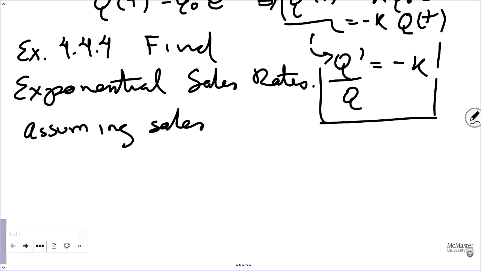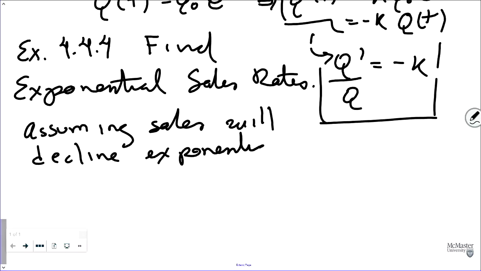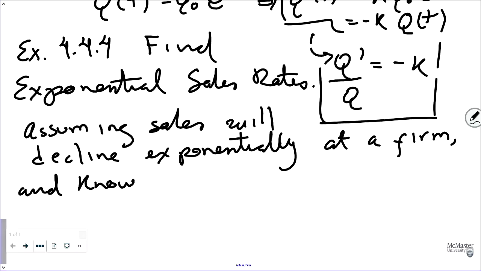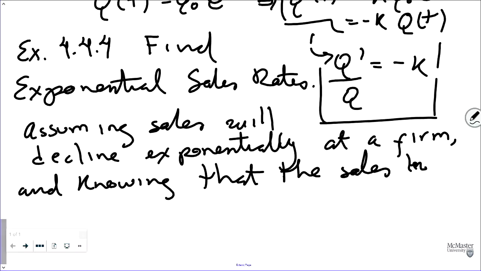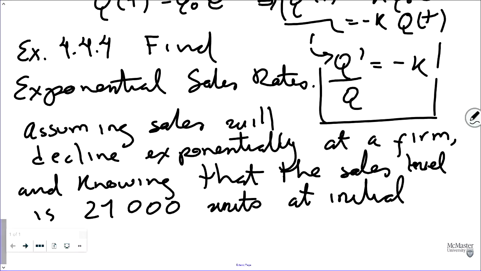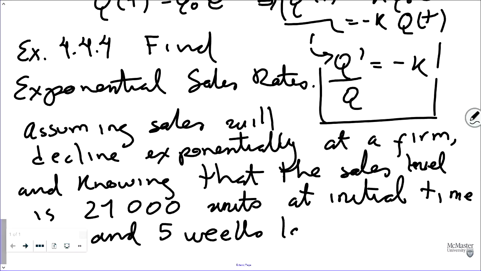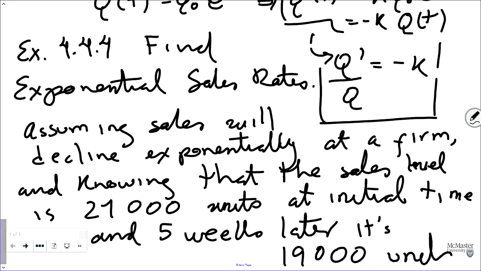So, assuming the sales will decline exponentially at a company or a firm, and knowing that the sales level is 21,000 units at the initial time, and 5 weeks later, it is 19,000 units. That's just the statement.